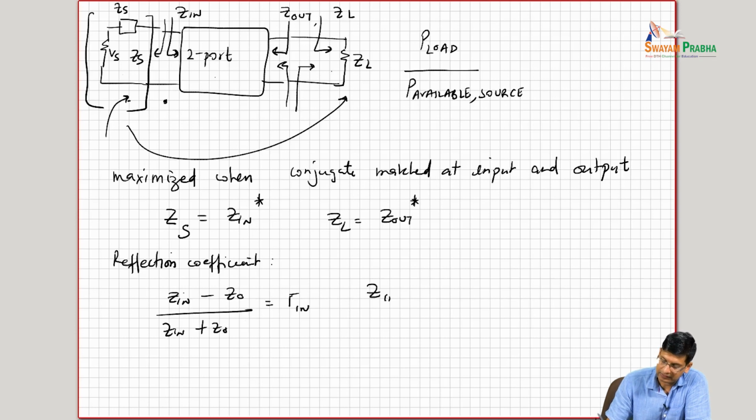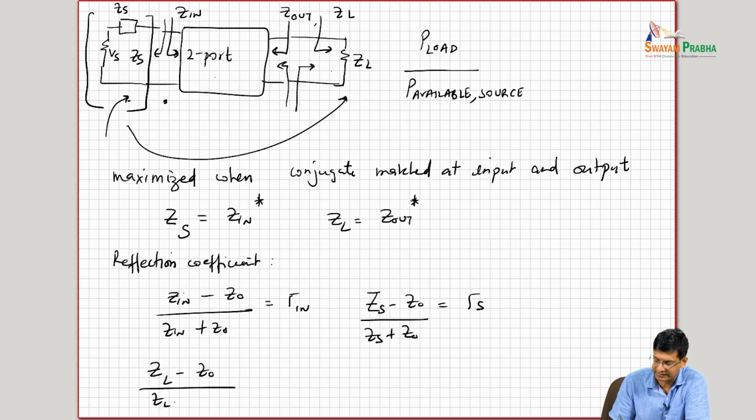Zs minus Z naught divided by Zs plus Z naught as gamma S, ZL minus Z naught. So I'm normalizing everything to Z naught.